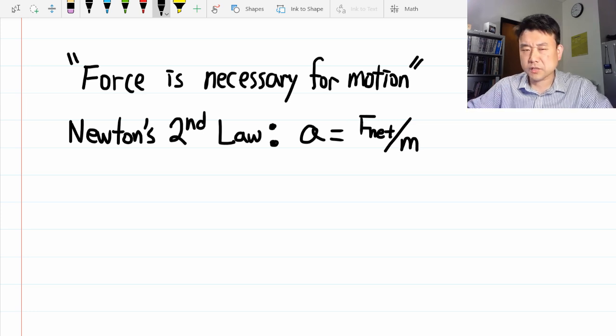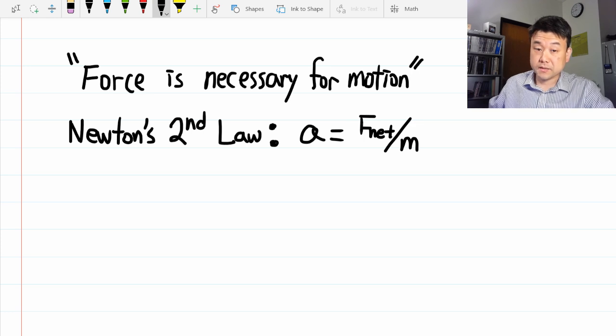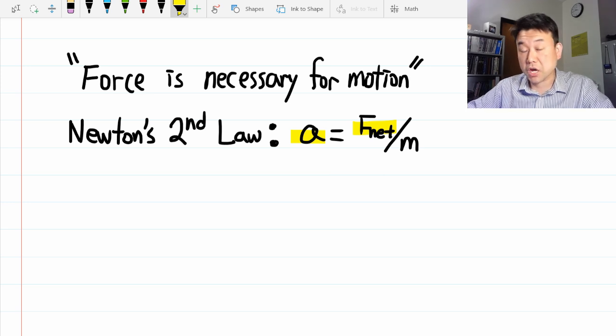Or the first version you see is that the net force is equal to mass times acceleration. So what this means is for an object that is already in motion, if the applied net force is 0, then the acceleration will be 0. And since acceleration is the rate of change of velocity, the velocity of the object already in motion won't change. So it'll remain in motion.